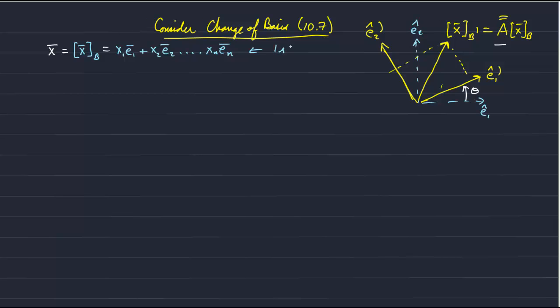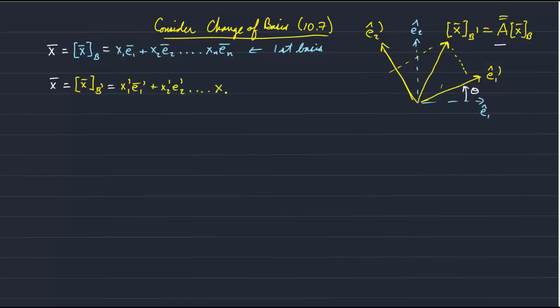For example, in 2D, this would correspond to the blue vectors in the diagram. x can equally well, that is, the same vector can be equally well described in a rotated basis as x1 prime e1 prime plus x2 prime e2 prime.